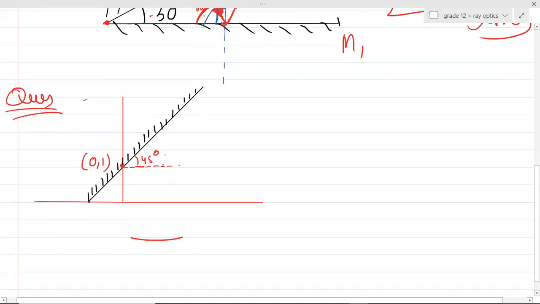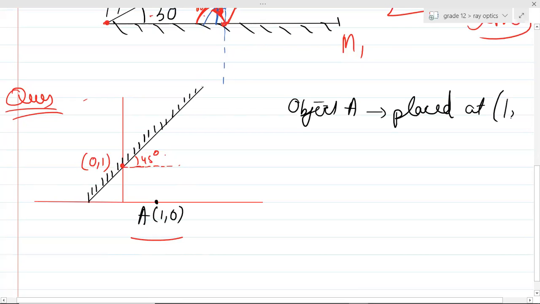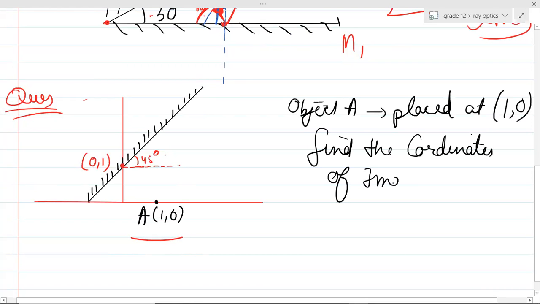Now, in front of this mirror, there is an object which is placed at 1 comma 0. Find the coordinates of the image. Easy है. Again a 1 mark question, right? Yeah. Solve करो.